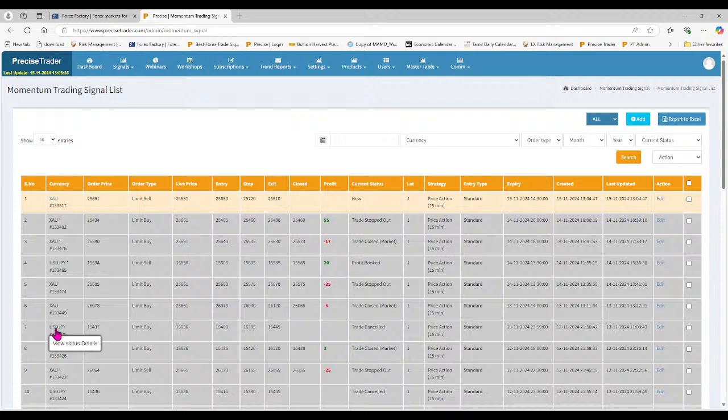So the TP, you can put either 64 or 61. I repeat, you can put either 64 or 61.